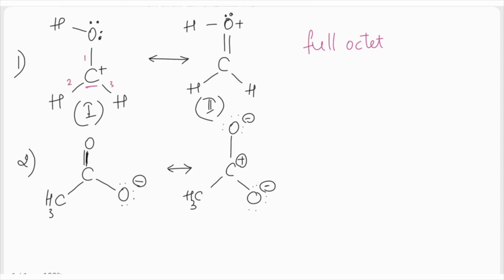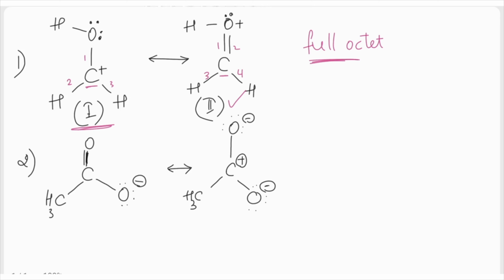That means it has only 6 electrons. But in the second structure, carbon has 1, 2, 3, 4 bonds. 4 bonds means a complete octet. So the second structure is more stable, as all the atoms have the octet and more covalent bonds, compared to the first form where carbon has only 6 electrons, a sextet. Here it has a full octet configuration. So the second form is more stable.